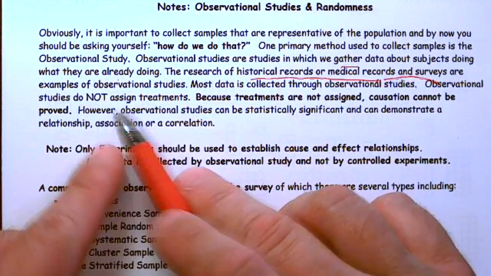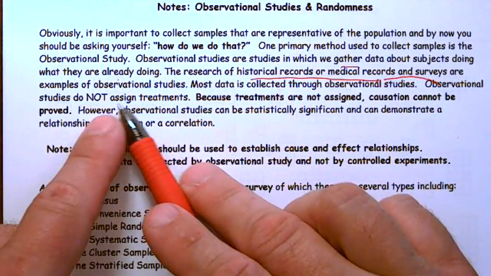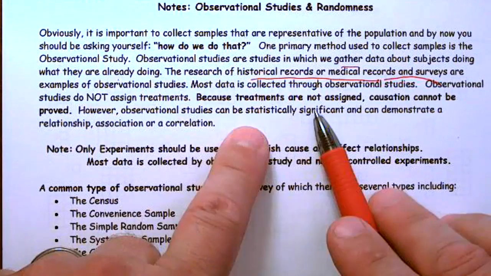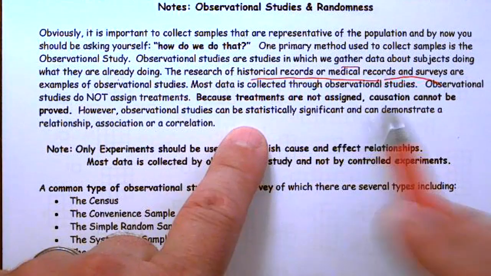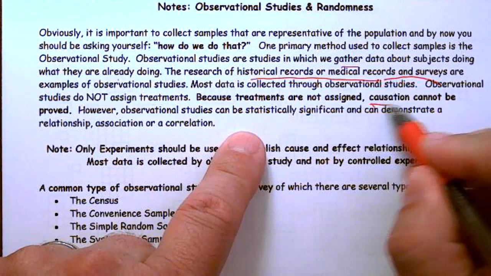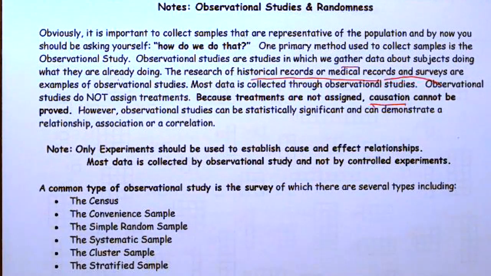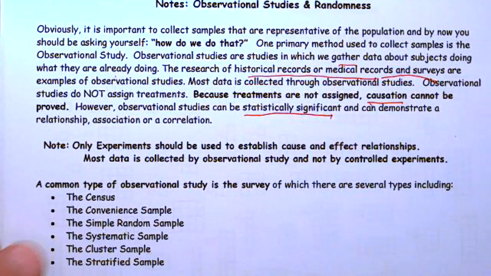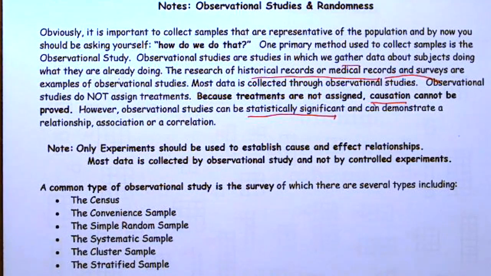It's a huge note: observational studies do not assign treatments. And because treatments are not assigned, causation cannot be proved. However, observational studies can be statistically significant. Experiments assign treatments, observational studies do not.